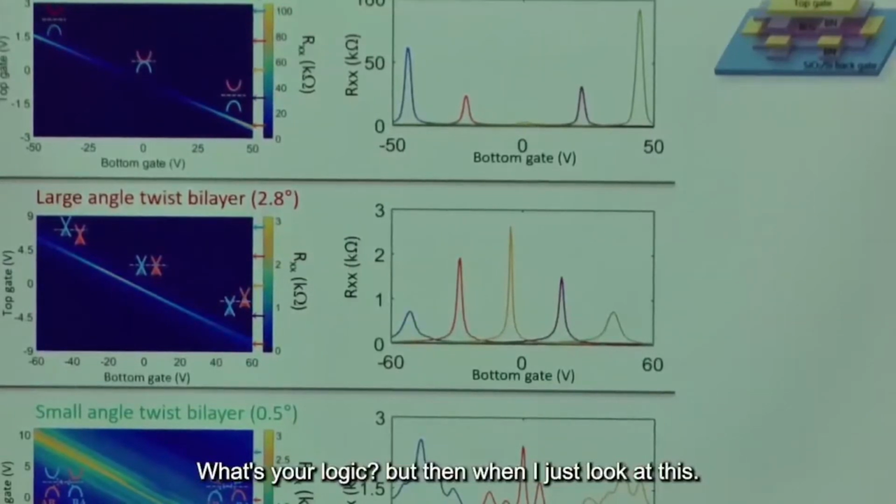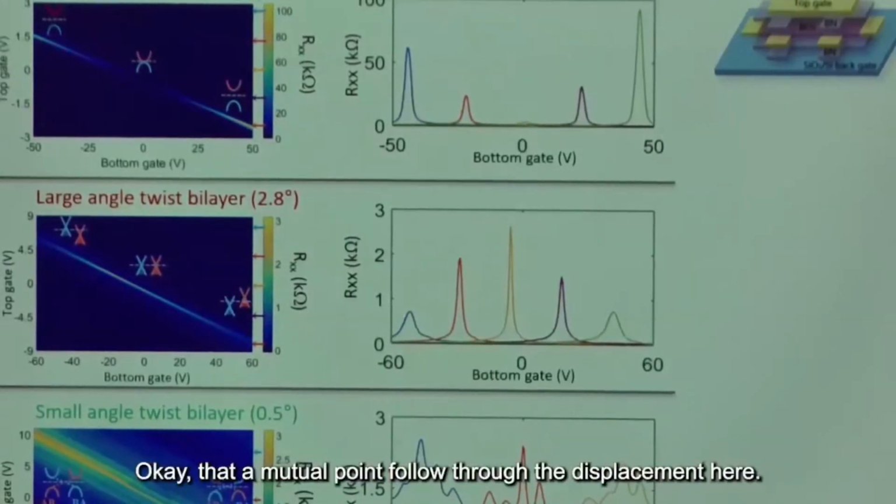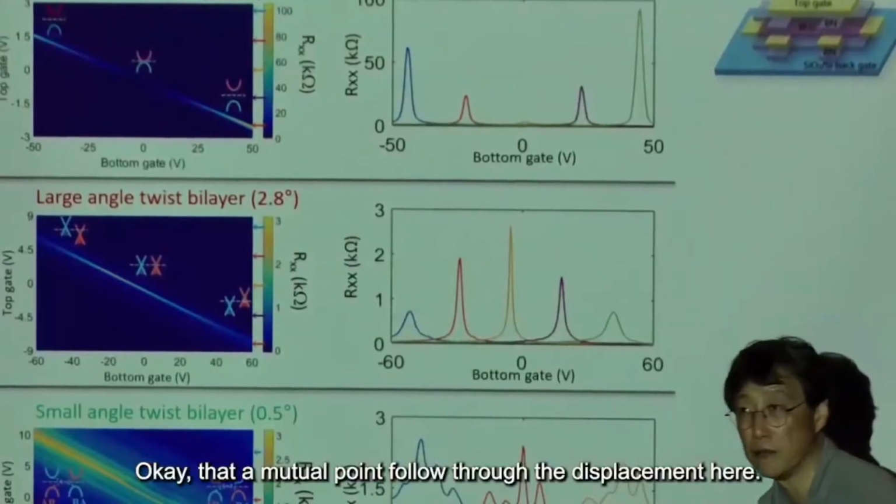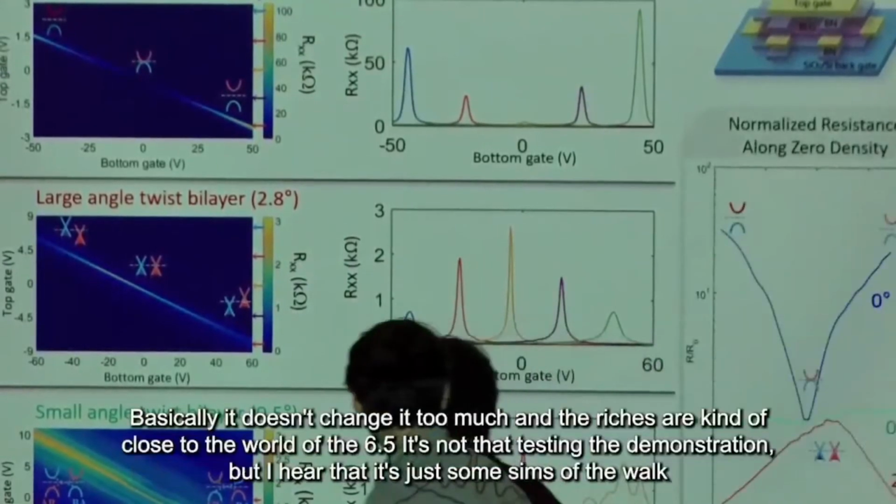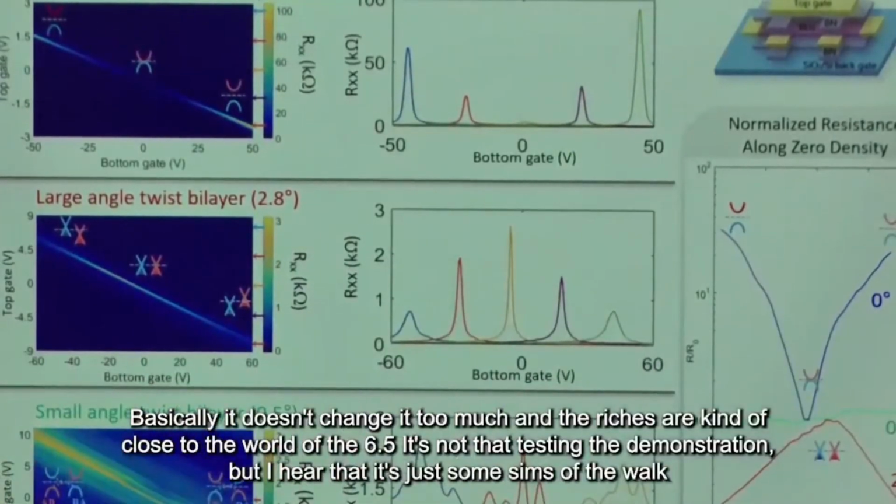But when I look at the neutrality point through the displacement field, it doesn't change too much, and the resistances are close to the order of the 6.5 kilo ohms. Turns out that, roughly speaking, it's not a fantastic demonstration, but the idea I just presented about this network of resistances seems to work here.